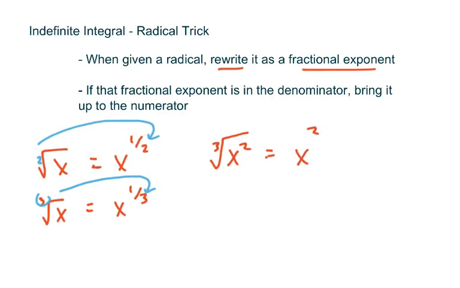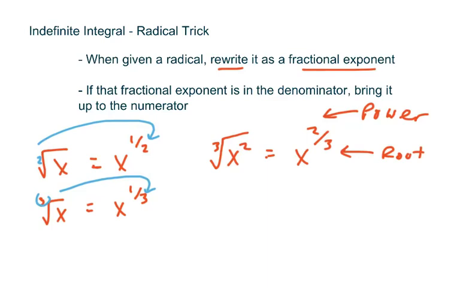The 2 still stays as a power, but then the 3, that root value, is still in the denominator. So again, the top number is the power and the bottom number is the root, coming from if it's a square root, cubed root, 4th root, 5th root, something like that.